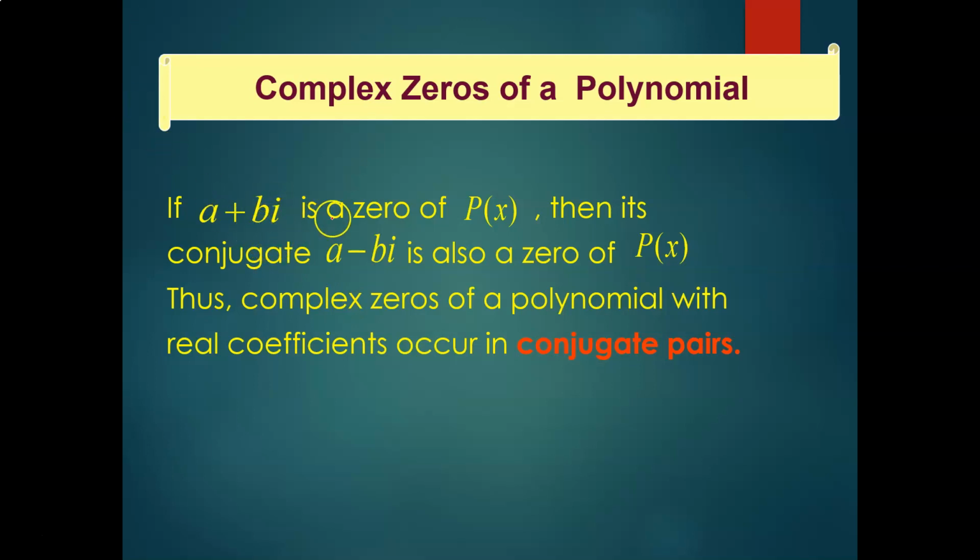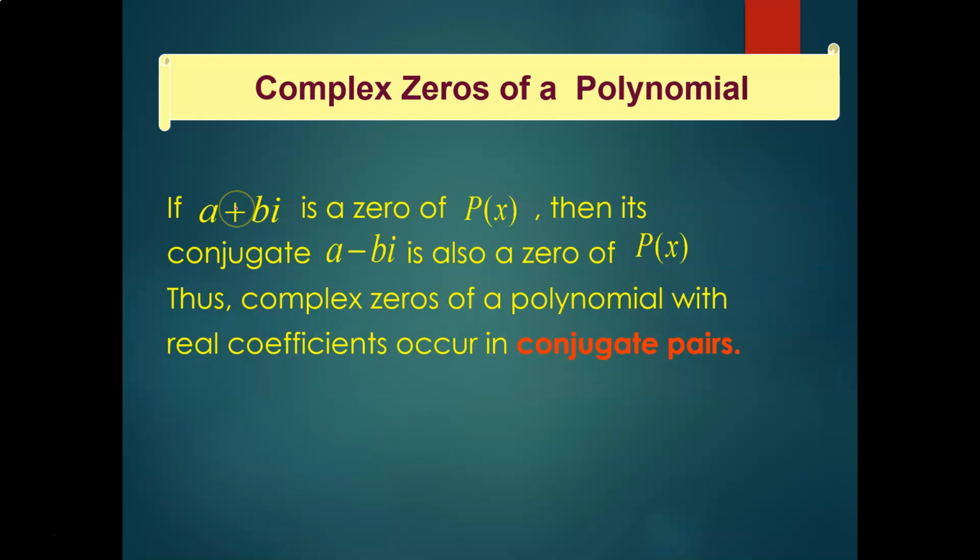If a plus bi is a zero of polynomial, then its conjugate, apa tu conjugate? Conjugate meaning, kalau dekat sini tambah, the conjugate will be tolak, will be minus. A minus bi is also a zero of px. Okay, so senang cerita lah.